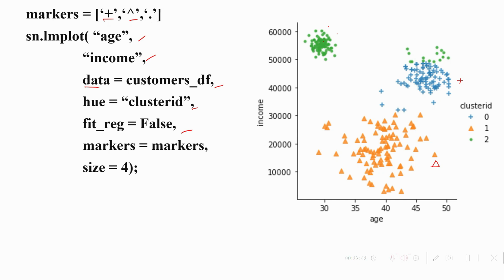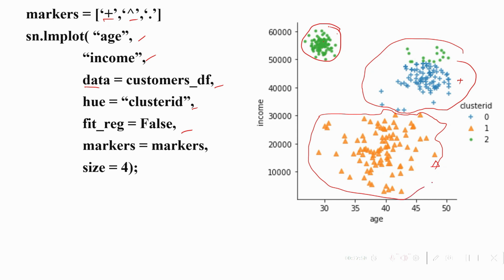Now this is one cluster, and this is one cluster, and all the elements belong to one cluster. See this one here: the blue plus symbols are nothing but one cluster.